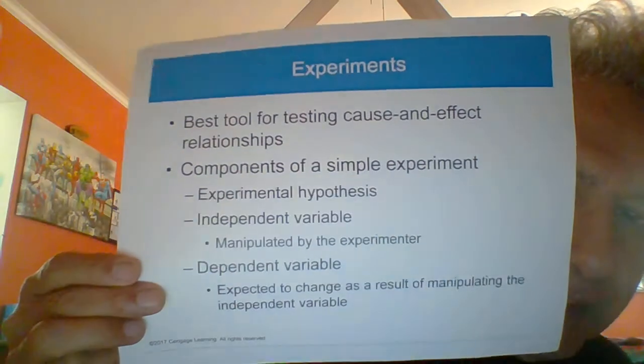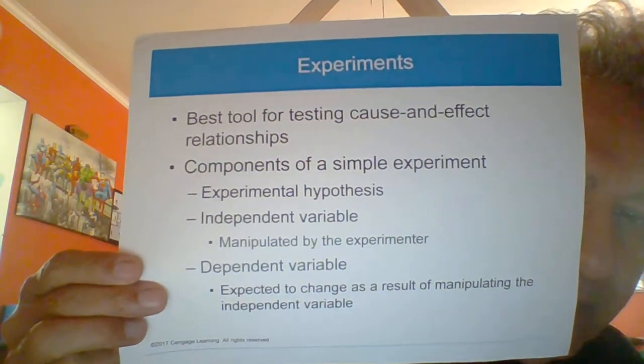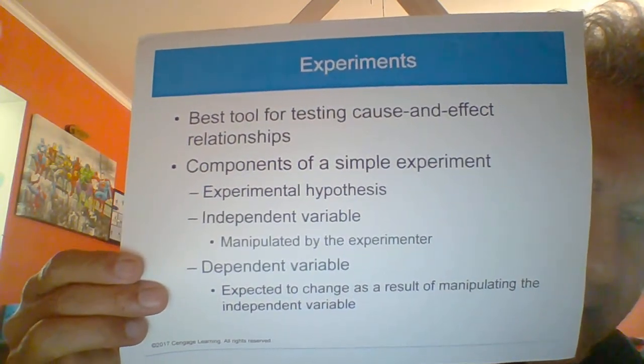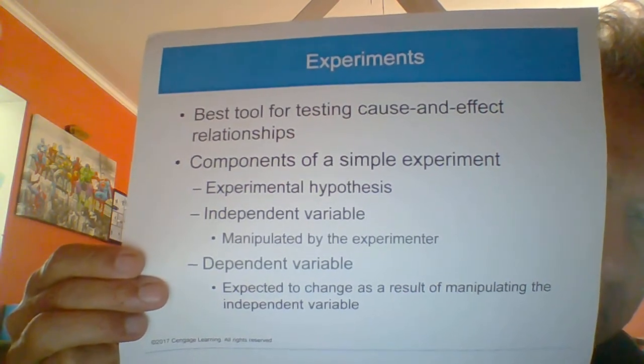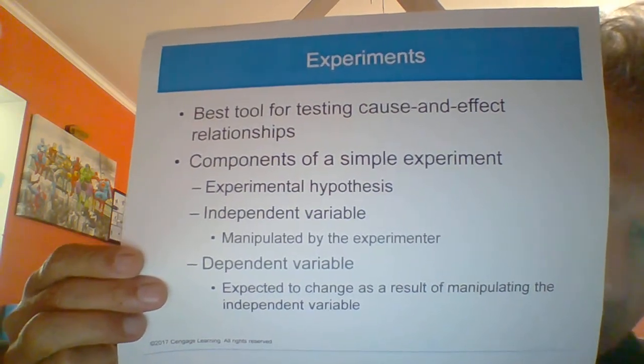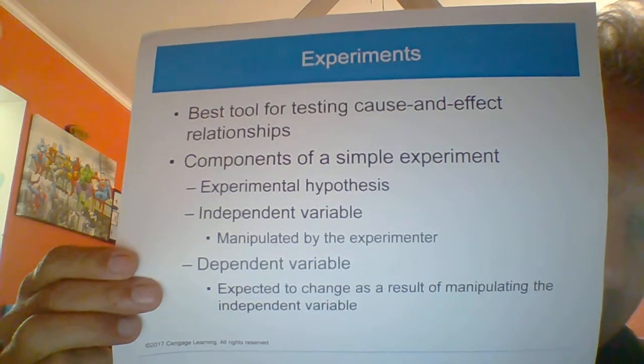Now, if you choose to do an experiment, and if you take our experimental class, you're going to be doing experiments in our psychology lab. They have to be done properly, right? You have to make sure that you have a good operational definition. You have to define your variables very carefully. You have to research them very carefully.